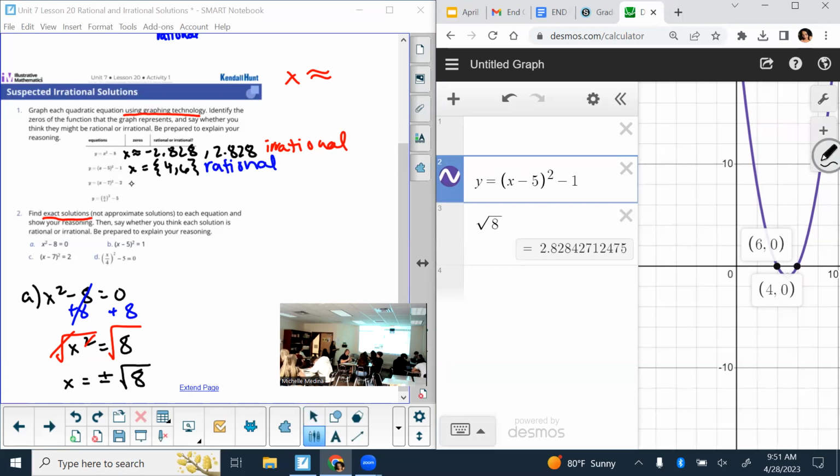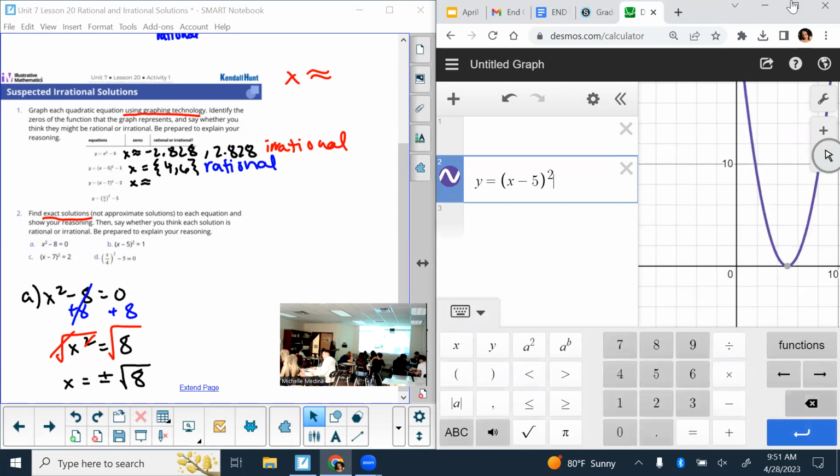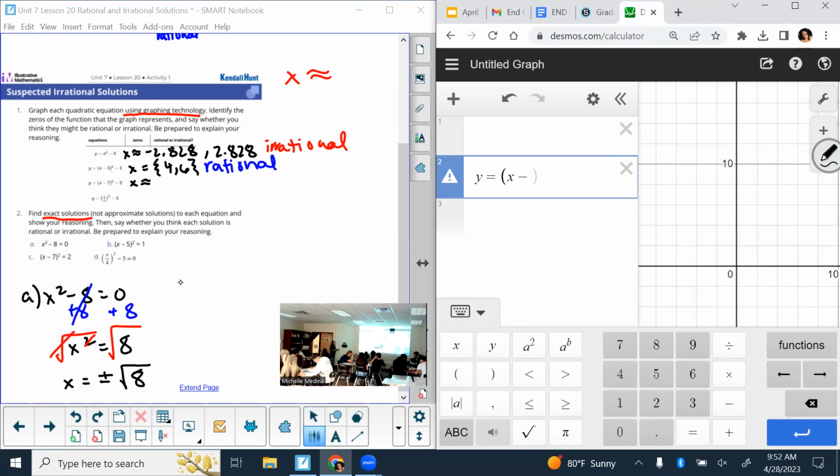What are my answers? While they're calculating it, you guys solve it by hand, you probably already isolated.